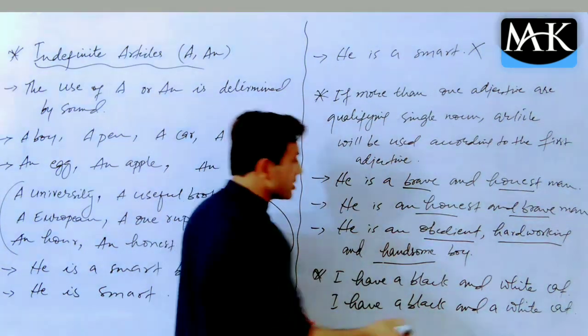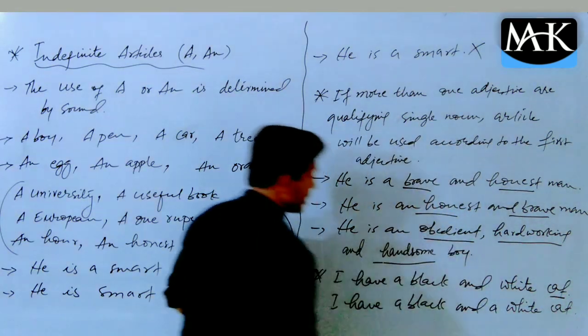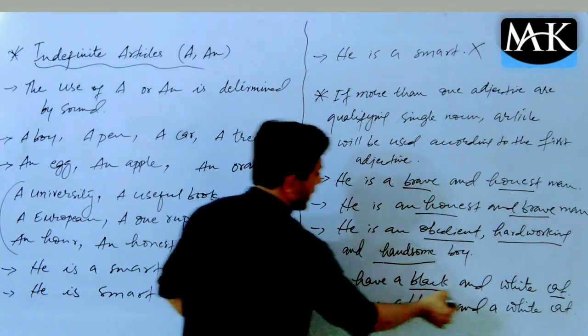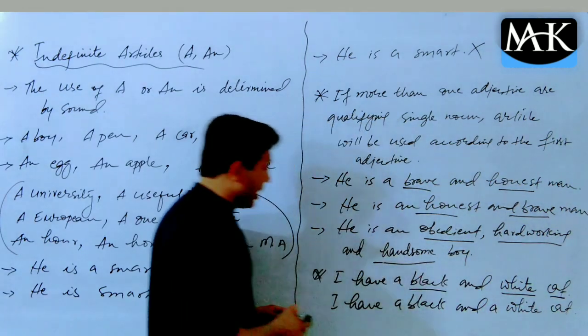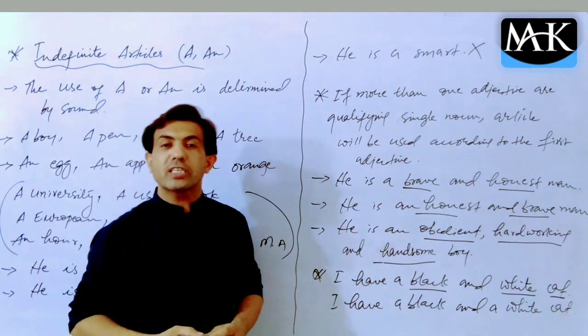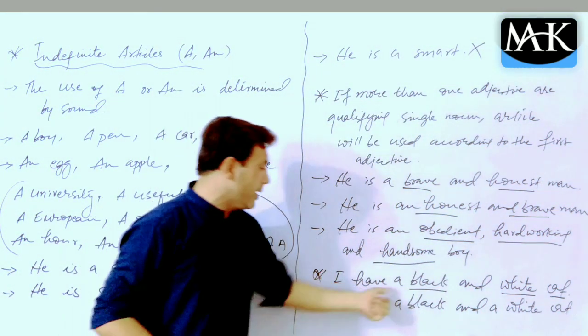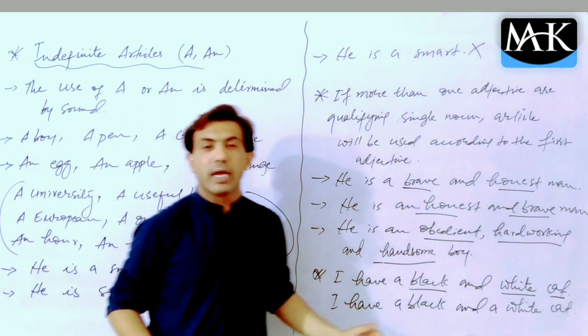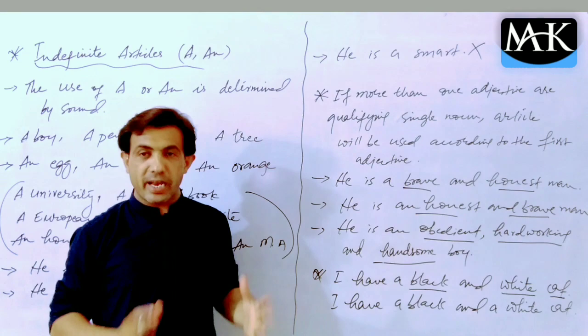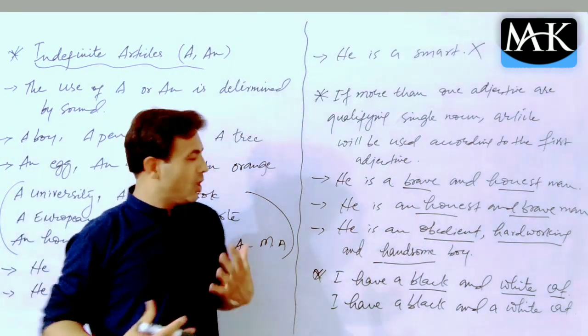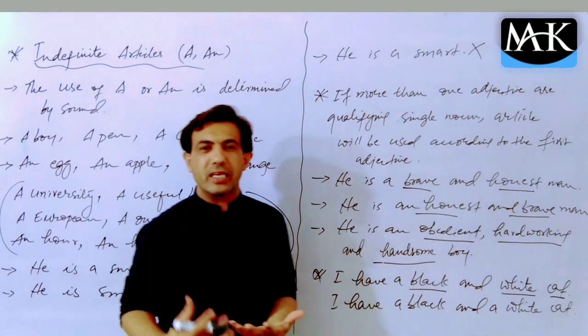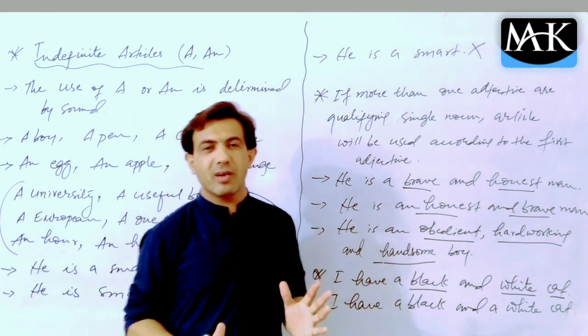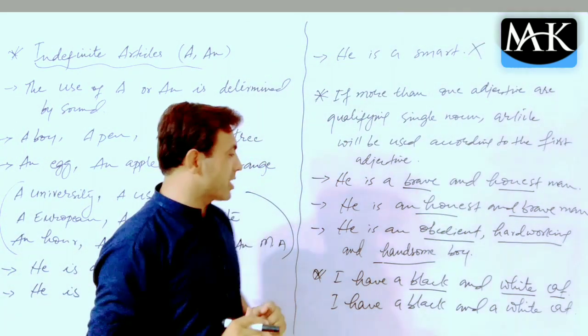The noun is cat and there are two adjectives, black and white, right? I have used only a single article. I have a black and white cat. That means there is one cat, which is of black and white color.